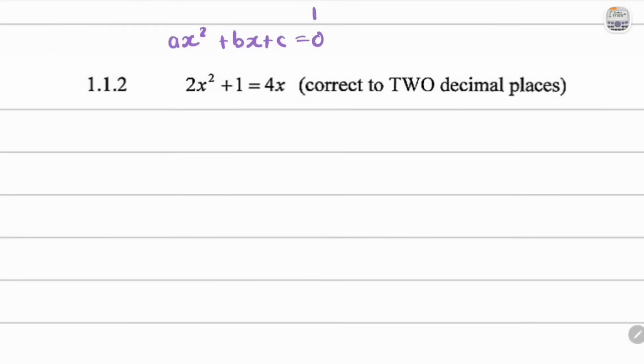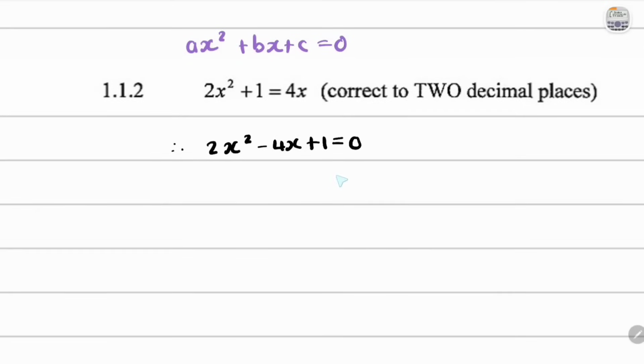One-hand side of this equation is not equal to 0, so we're going to have to take the 4x over. So we're going to have 2x squared minus 4x plus 1 is equal to 0.